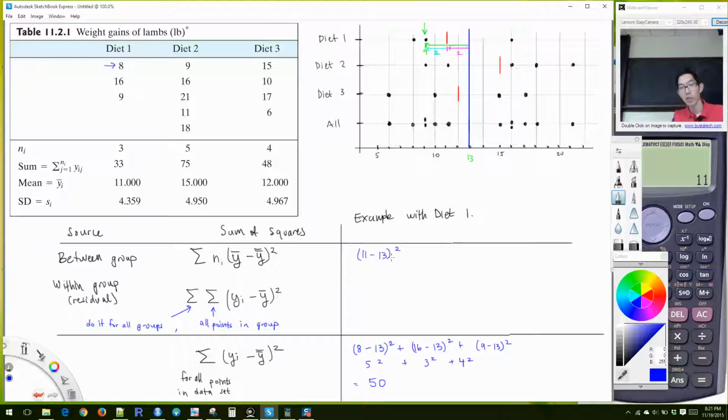So we square that difference, and we do it for all 3 data points. But all 3 data points are going to have the exact same 11 minus 13 squared, so I can just multiply this by 3. This gives me 12, 3 times 4. So the sum of squares between the groups, at least for group 1, adds up to 12.